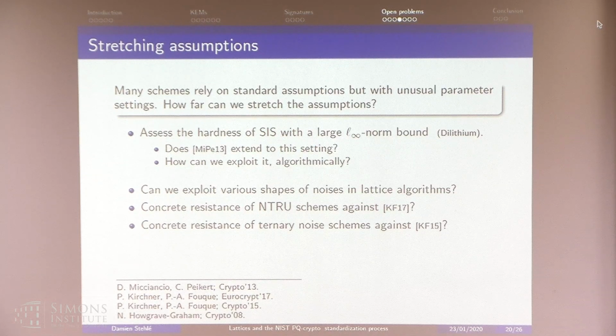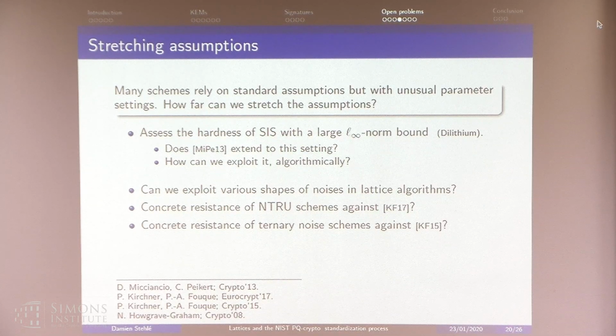Another way that parameters have been stretched quite a bit is the various shapes of noises. So can this be exploited in lattice algorithms? I think Chris asked the exact same question a bit earlier today or yesterday, I don't remember. The concrete hardness of NTRU schemes against the Kirchner-Fouque 2017 attack. So 2017 is the one that tries to find very short vectors in a lattice where you have lots of unexpectedly short vectors.